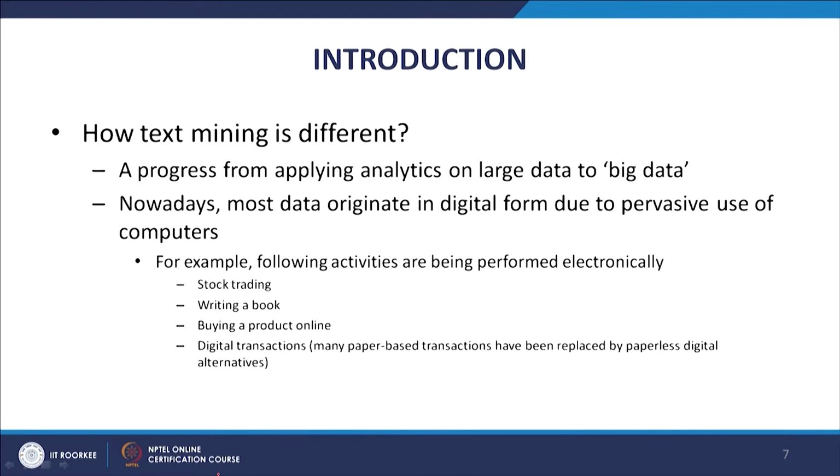That is more or less gone, and we typically rely on electronic mechanisms for stock trading. Writing a book: earlier we used pen, paper and pencil to write our ideas and thoughts in a book form. But nowadays we use Microsoft Word documents to write our books.